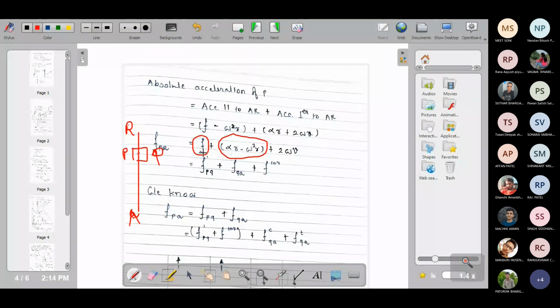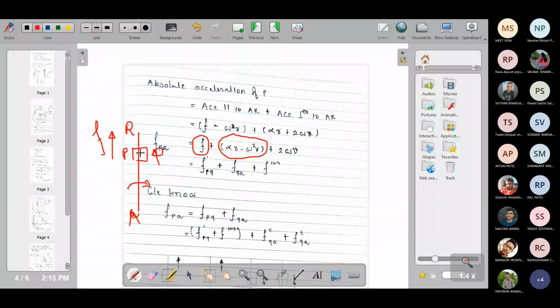Now you will have linear acceleration. This link is rotating and this piston is moving, either upward or downward, but we are assuming it is going upward with some linear acceleration F. This is what we have. You will be given F. Now what is alpha R minus omega square R?